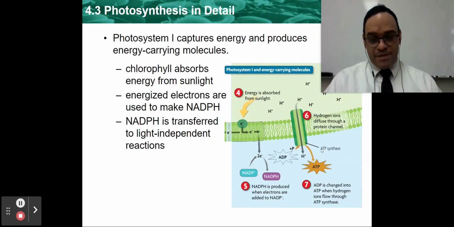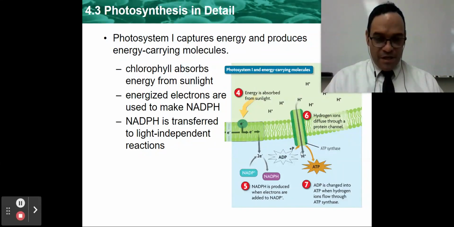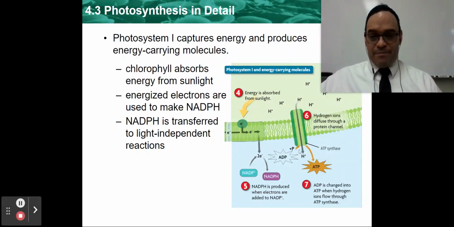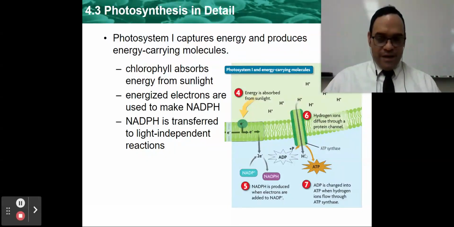And the protein name is ATP synthase. And sure enough, ATP synthase synthesizes ATP as it comes in. As H pluses come through, ADP becomes ATP, and it recharges that ATP.